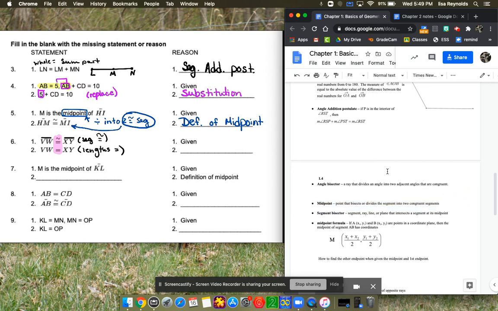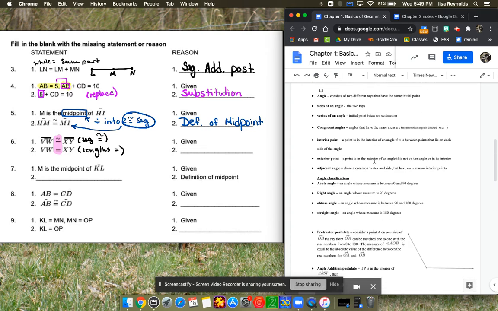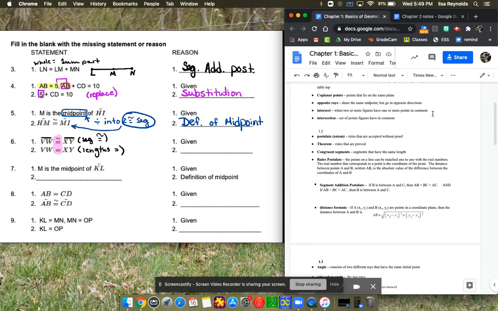And we had a couple of different times where we talked about congruence and equals. Now keep in mind, this is talking about angles, but we don't have angles. So I need to keep looking back, and all the way back here in section 1.2, we have congruent segments, segments that have the same length.